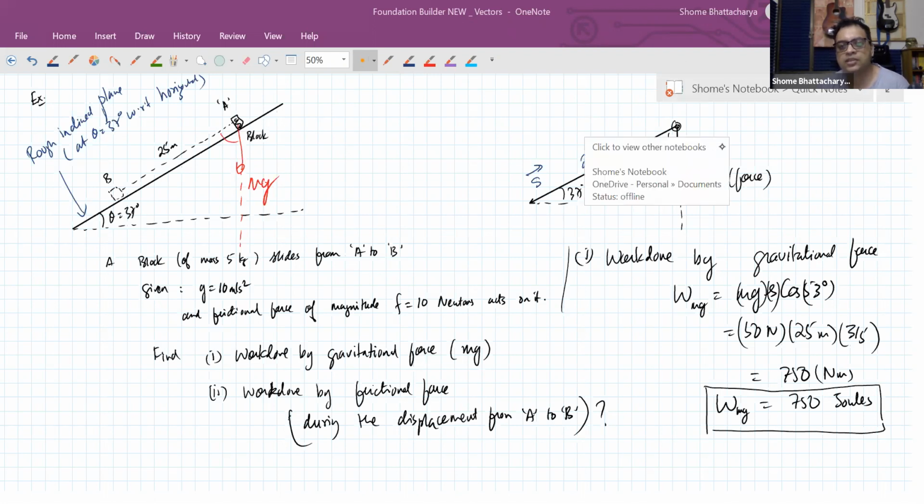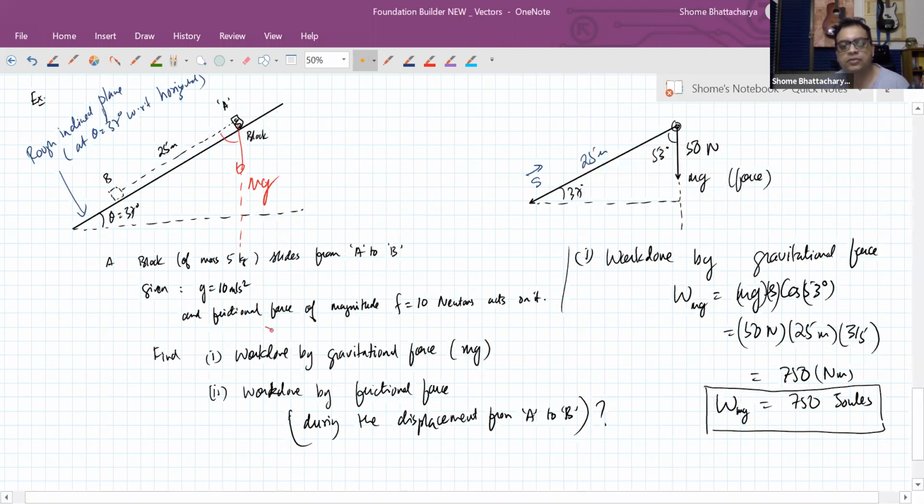And there's nothing not to understand, Hitanshu, it is just formula based here. You know that work done by a force is the dot product of the two things, no? So work done is force dot product with displacement.